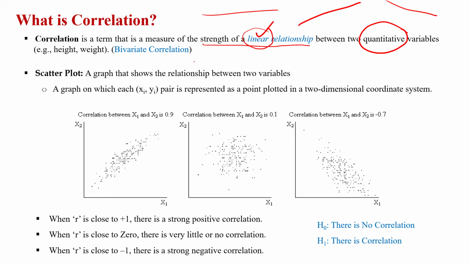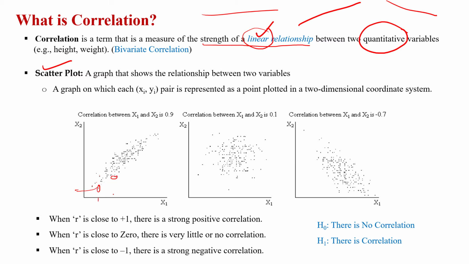You can also graphically represent the relationship between the two variables with the help of a scatter plot, with one variable on the x-axis and one on the y-axis, and each dot represents the value of x1 against the value of x2.